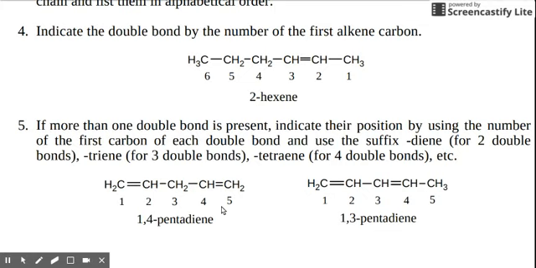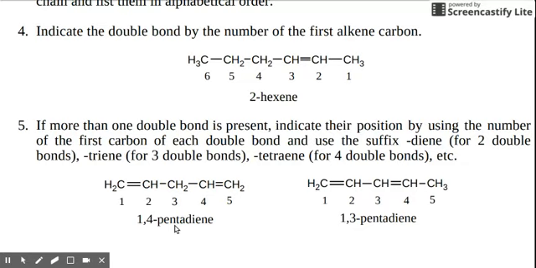So it's in position carbon 1 and carbon 4, so that's going to be named 1,4-pentadiene. This is just your parent chain. You don't have a branch. If in case you have a branch, put the name of the branch before this name. So it will just be the same idea as naming the branch in alkanes.